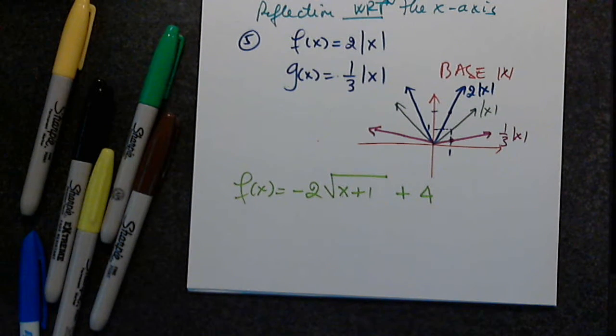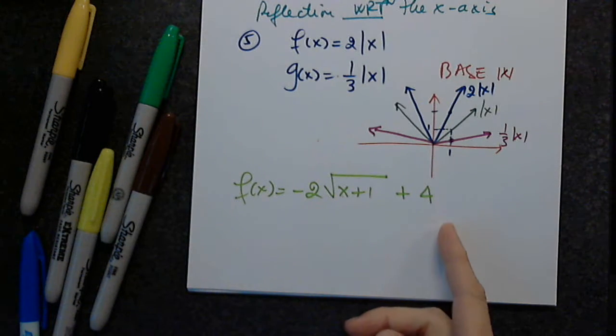I claim that this function was determined using a base function that you will give me in a moment, using 1, 2, 3, 4 different transformations. I have to present them in the order of operations, as if I were to evaluate this function.